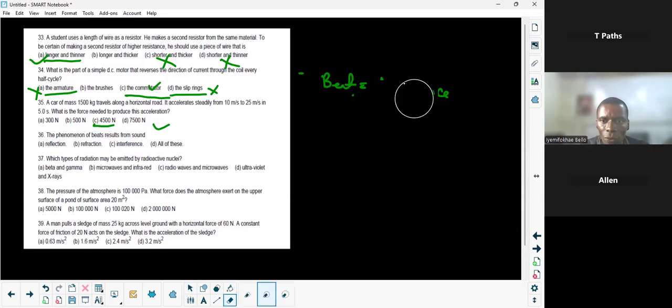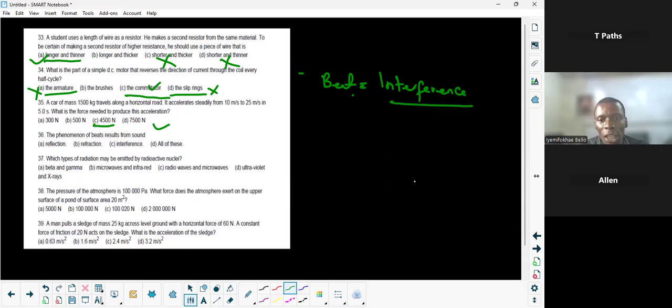It's as a result of interference, because interference is the combination of two or more waves moving in the same direction. So when a beat is being produced, it's produced by different waves. And these waves clash together to produce what? Interference, to produce beats.